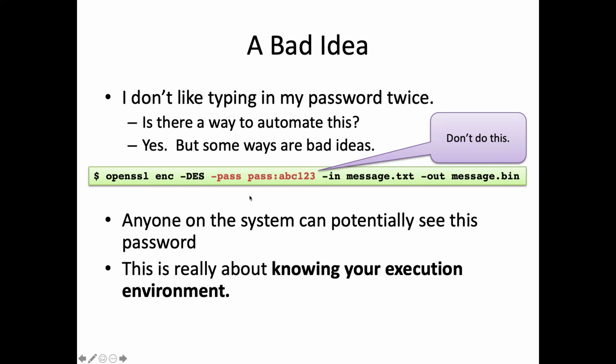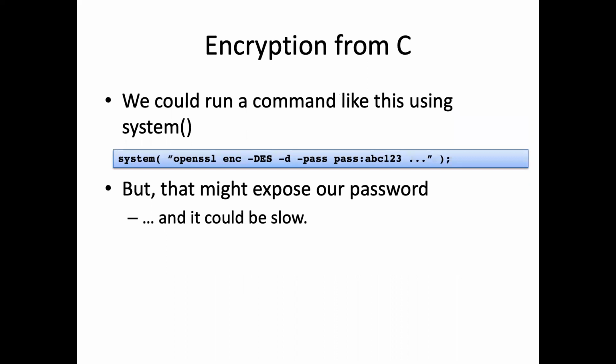But someone who's logged into the same system, even if they're in another part of the world and they're looking at what's happening on the system, could also see my password. So this is a bad way to automate using OpenSSL.